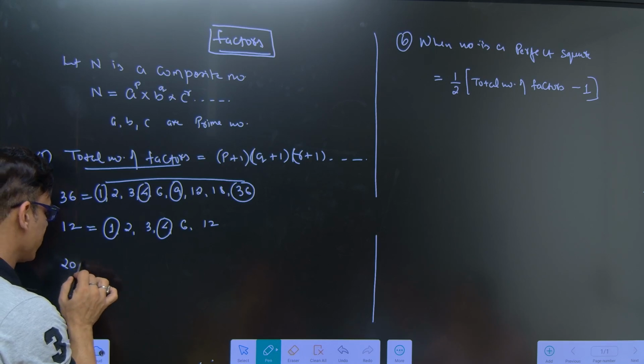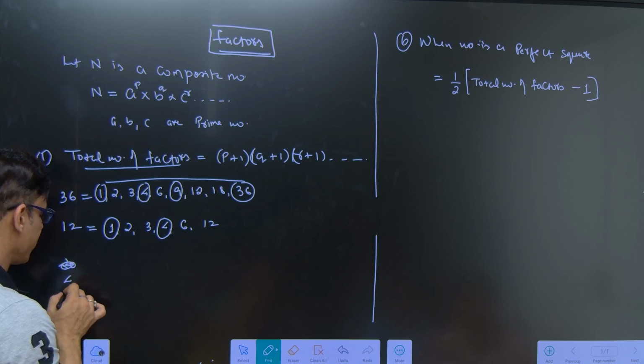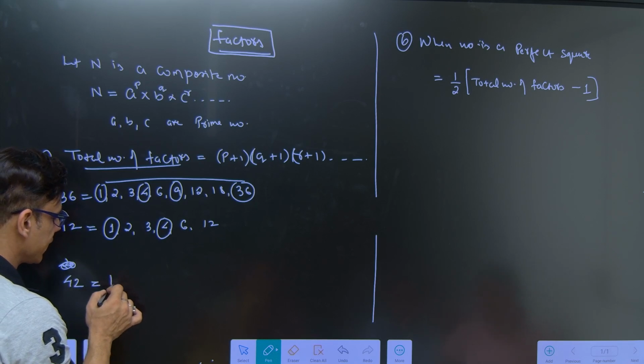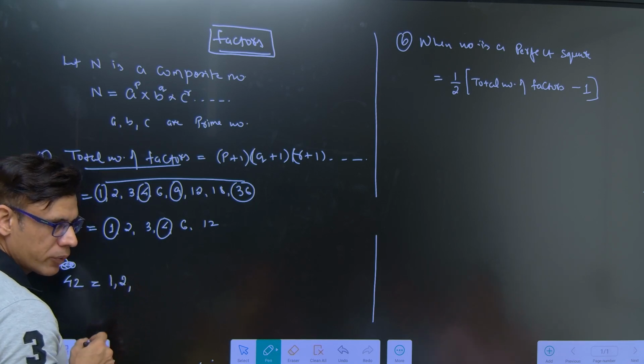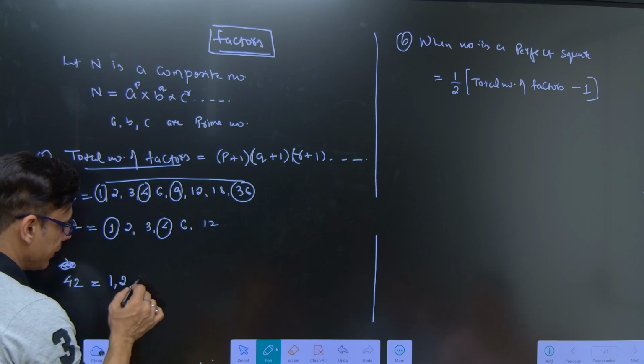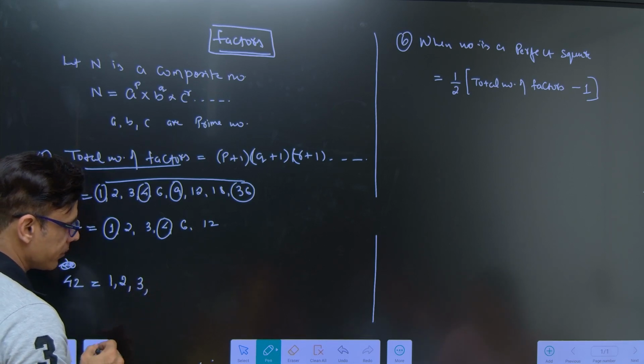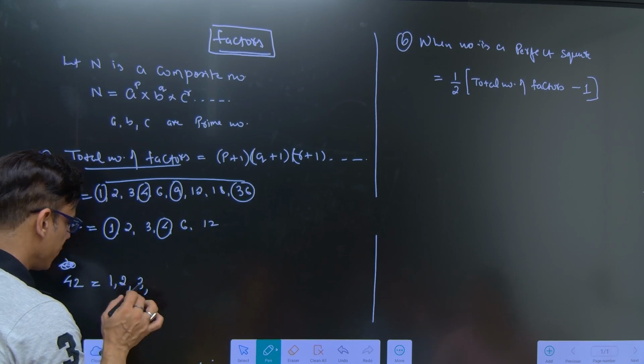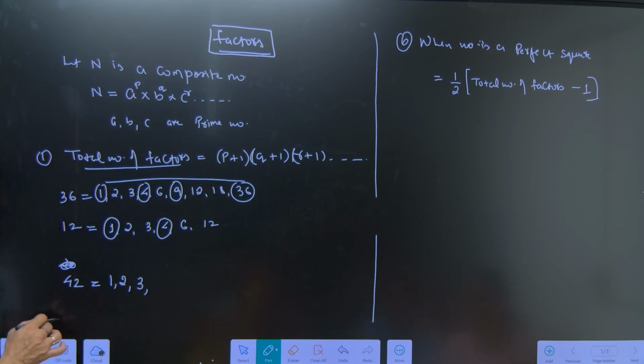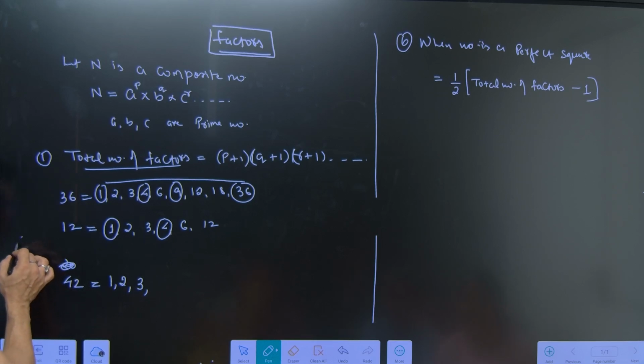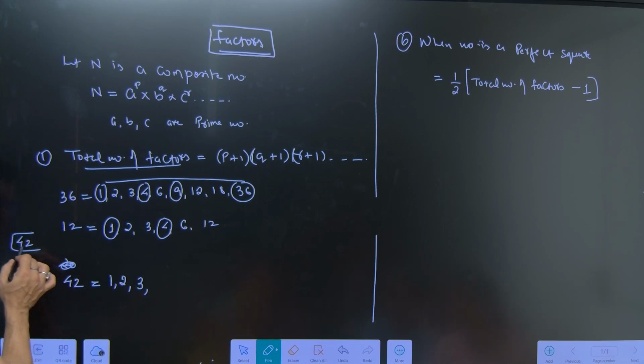Let's take 42. Suppose you have difficulty in finding factors; first prime factorize 42: 2 into 3 into 7. Whatever factors you make should be made from these.